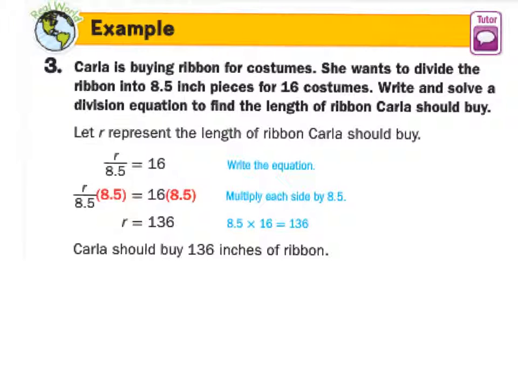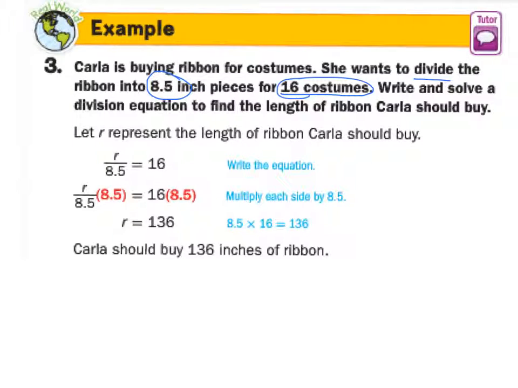So Carla is buying ribbon for costumes, and she wants to divide the ribbon into 8.5-inch pieces for 16 costumes. Write and solve a division equation to find the length of ribbon Carla should buy. So we don't know what the total amount should be, so we let that be R, and that's the total amount of ribbon, and we have to divide that into 8.5-inch lengths, and we need a grand total of 16 individual pieces.